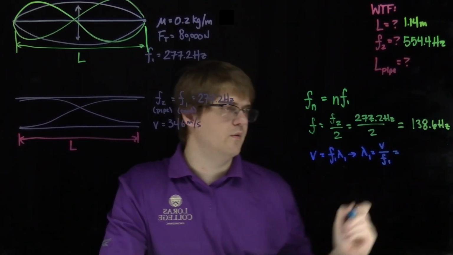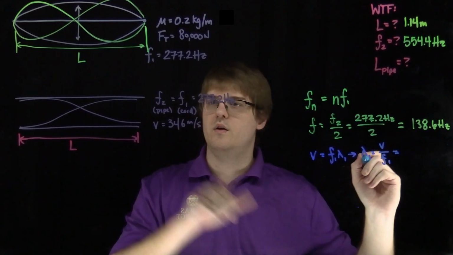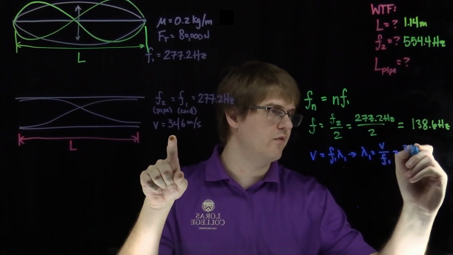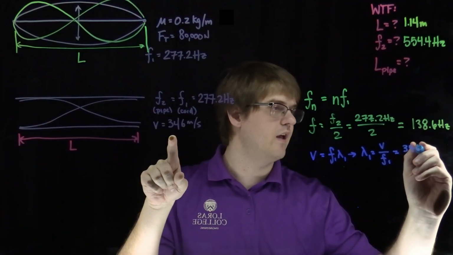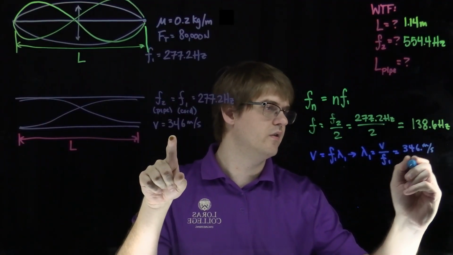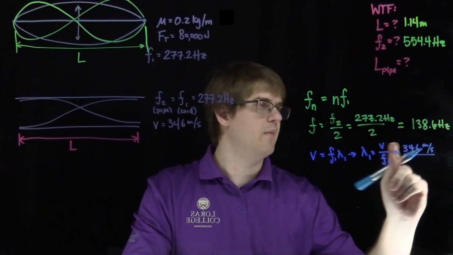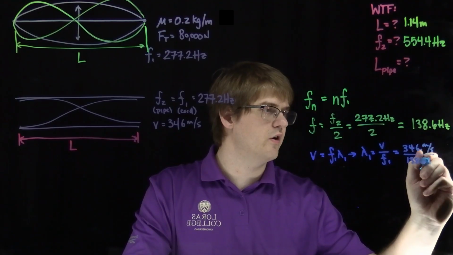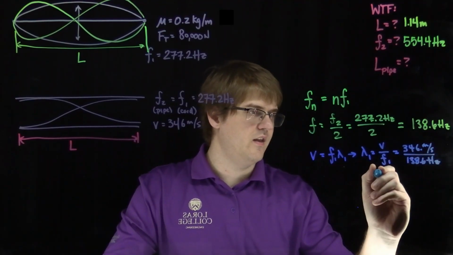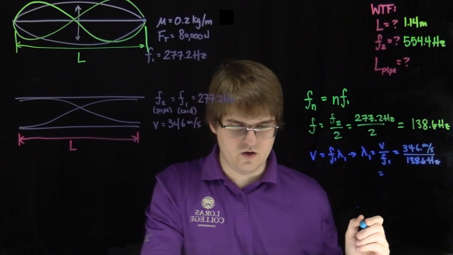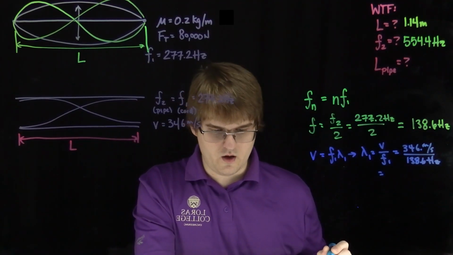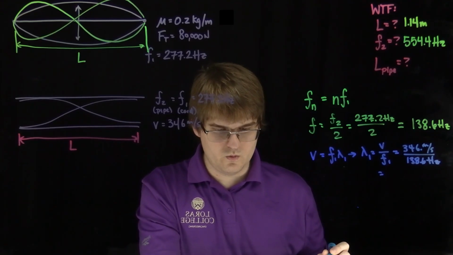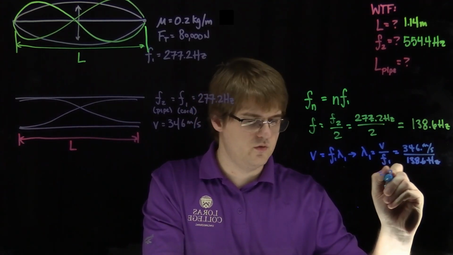And that is going to be equal to 346, which I was given as my velocity of sound in air, divided by my frequency of 138.6 hertz. And that gives me a wavelength of 2.5 meters.